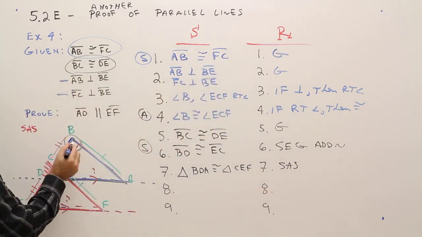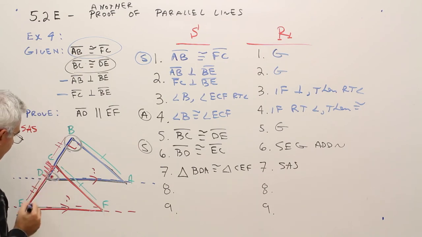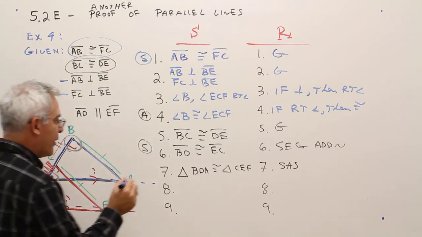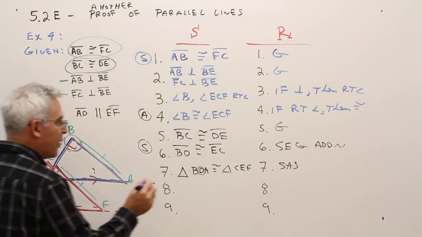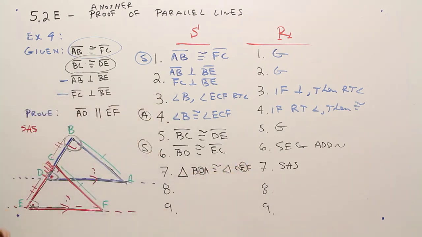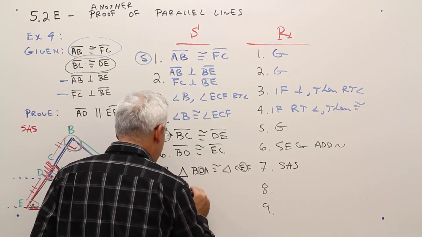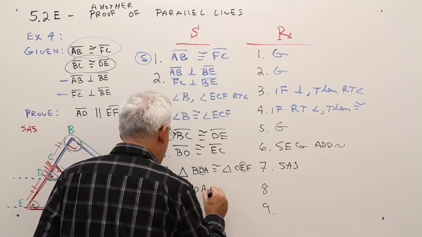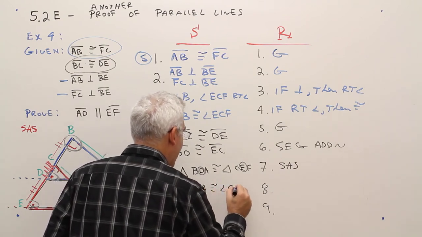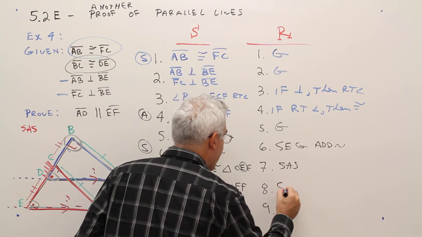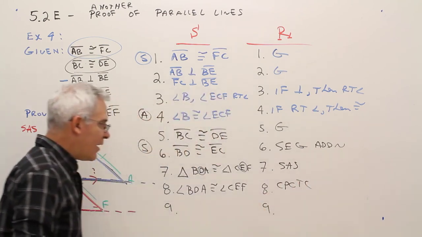Then I can get this angle here congruent to that angle there. D is in the middle, and E is in the middle. So angle BDA is congruent to angle CEF by CPCTC.